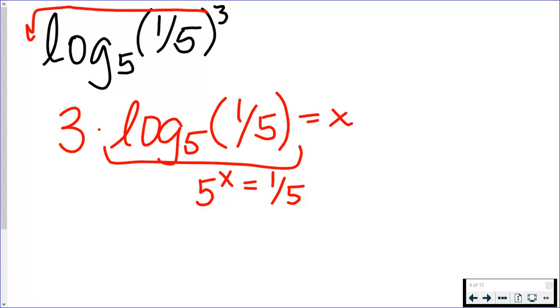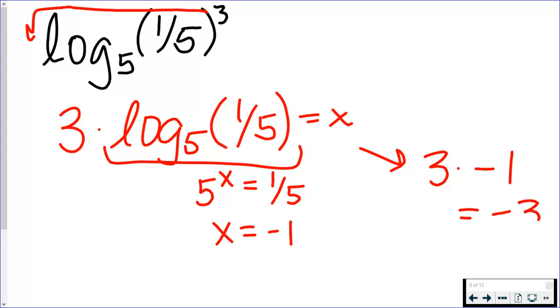But because this has been flipped into a fraction, instead of raising it to a power of 1, I'm raising it to a power of -1. Now remember, this is not my answer because I still have the 3 multiplied in front. So this log is equal to -3.